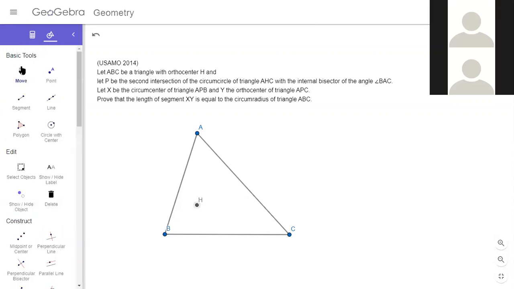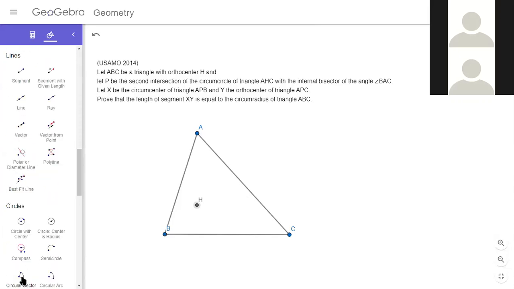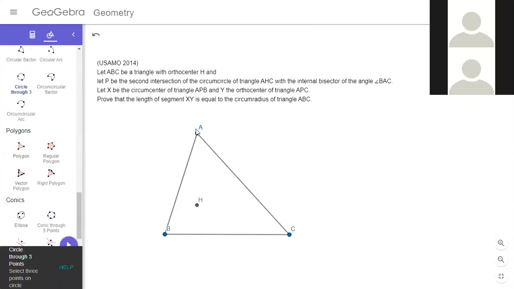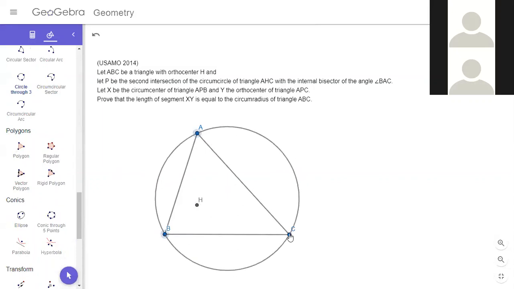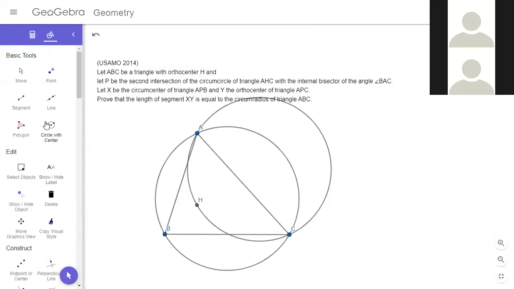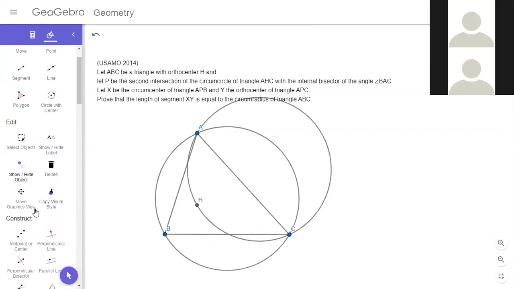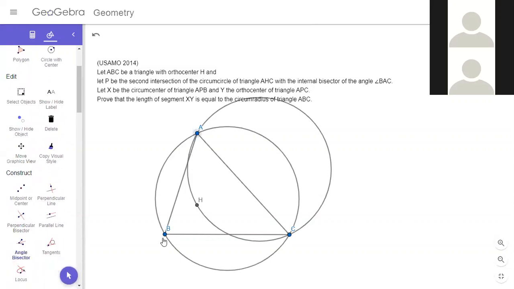P is the second intersection. Okay, so the circumcircle of AHC, we know it's the reflection of the circumcircle of ABC. Oh, AHC. It's a bisector. Okay, so draw the angle bisector. So we know those two circles are congruent.